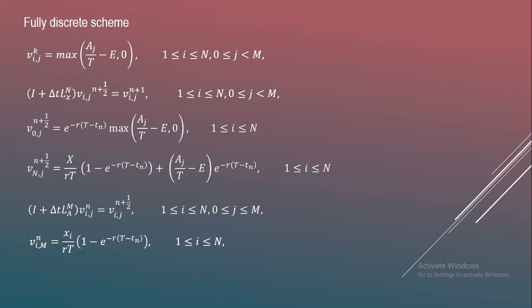So why do we use that formula? What's the benefit of the ADI formula? The ADI formula is very important because it reduces the time and storage, because when we use the tridiagonal form, it reduces the computational cost too. And one more thing, it's unconditionally stable.